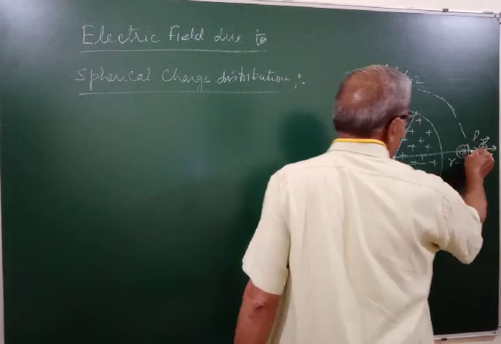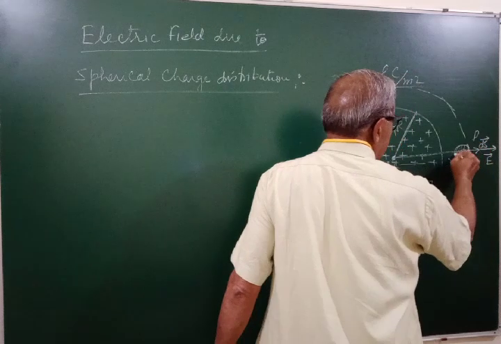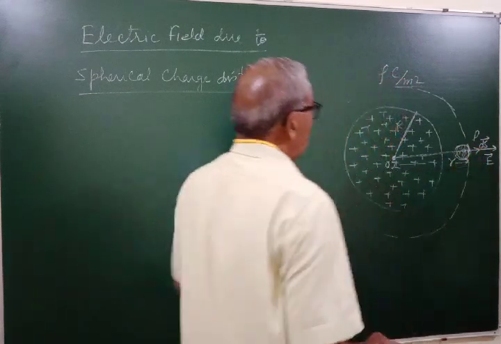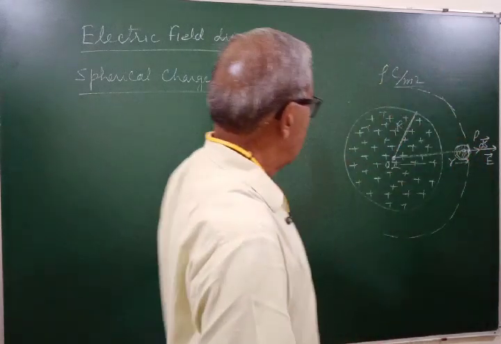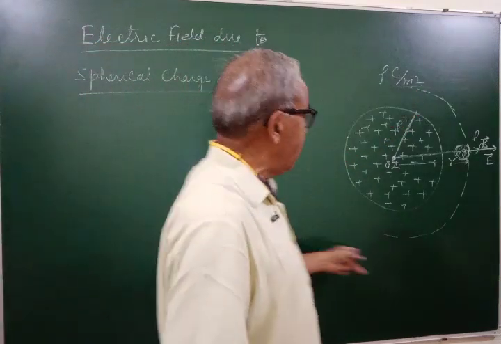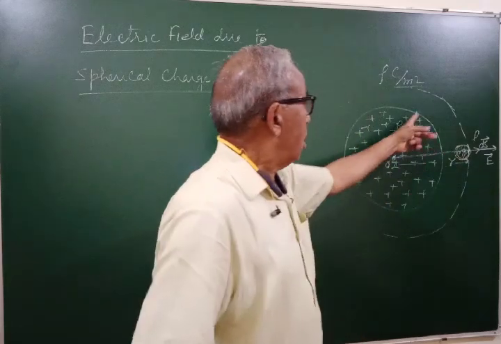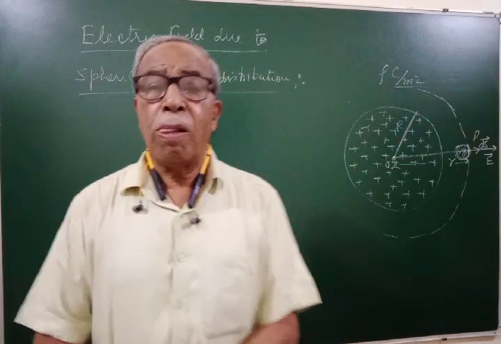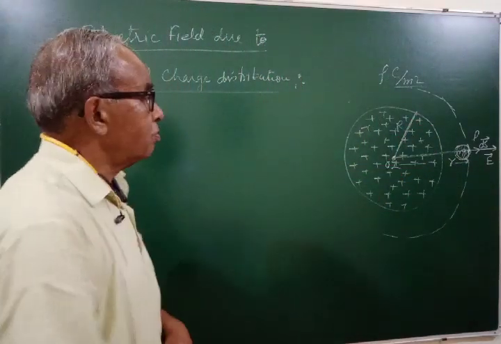Here is the point P. It is the area element of the Gaussian surface. Here the Gaussian surface will be a sphere of radius small r. Capital R is the radius of the distribution.